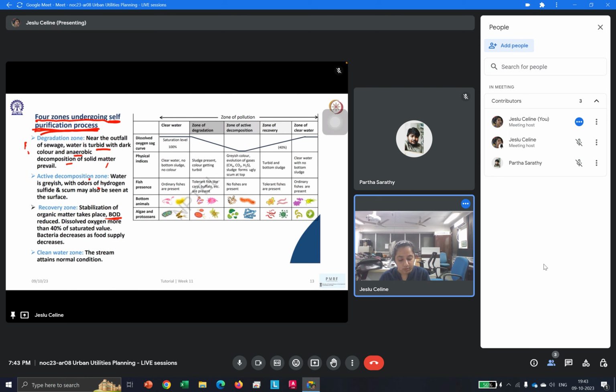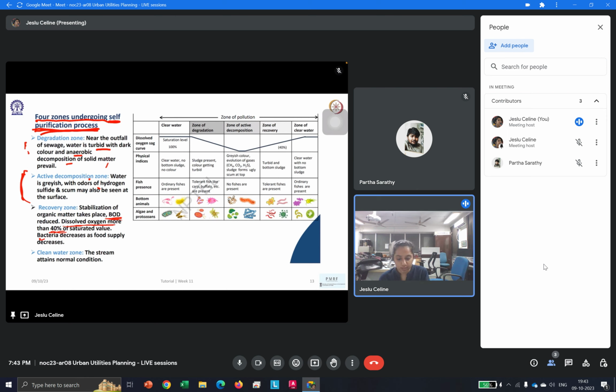So in terms of oxygen, in the active decomposition zone you've got a high level of bacteria, which we saw in the previous one. The bacteria are eating and reproducing, so all the oxygen which is there will be taken by the bacteria.